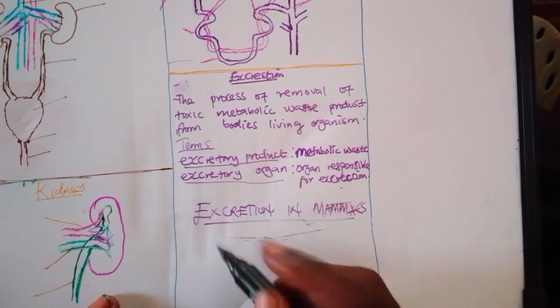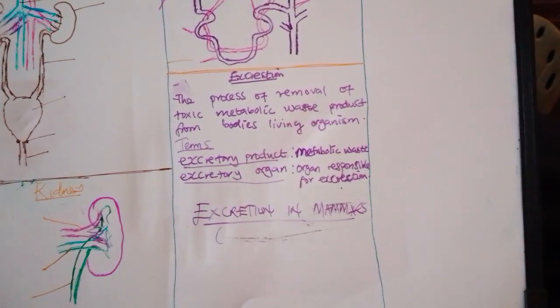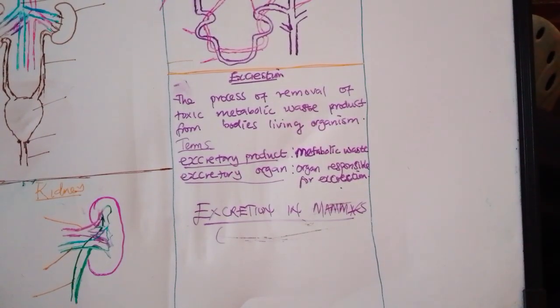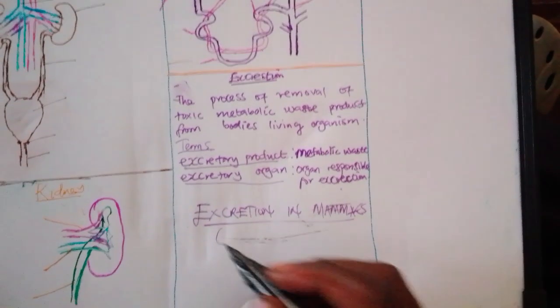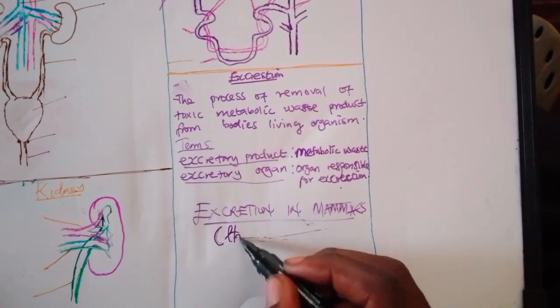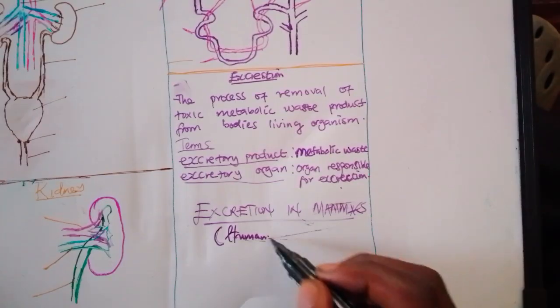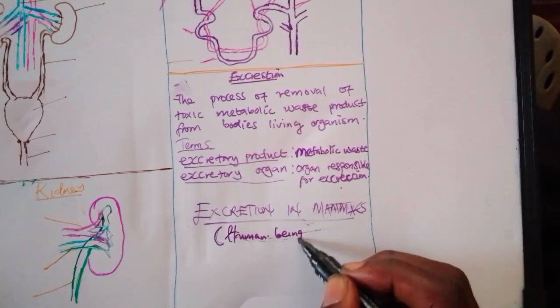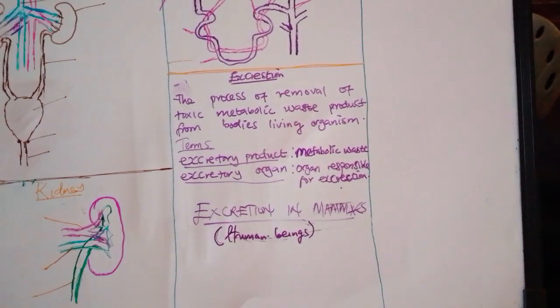So don't get confused when they tell you that this is excretion in mammals. They are just meaning that this excretion takes place in human beings. Whenever you hear excretion in mammals, just know that they are talking about human beings.